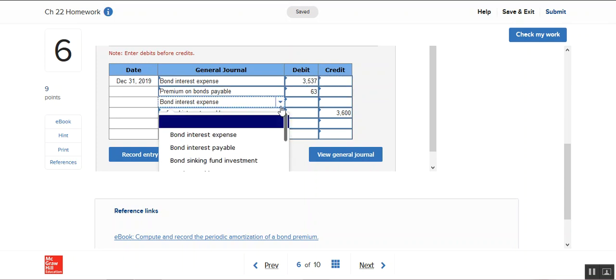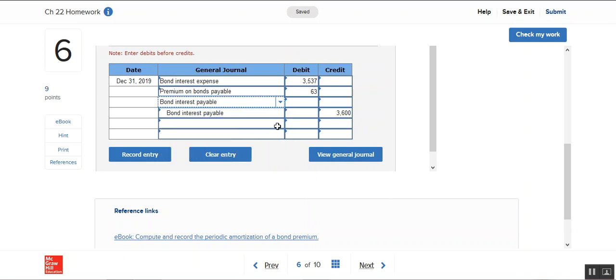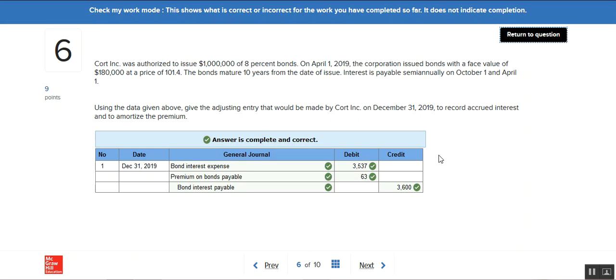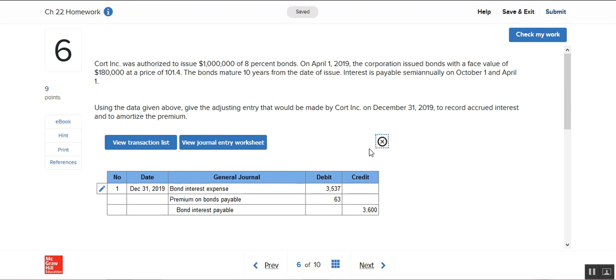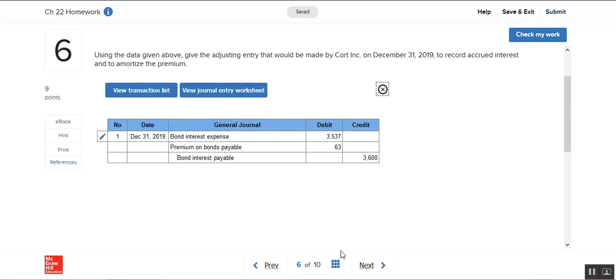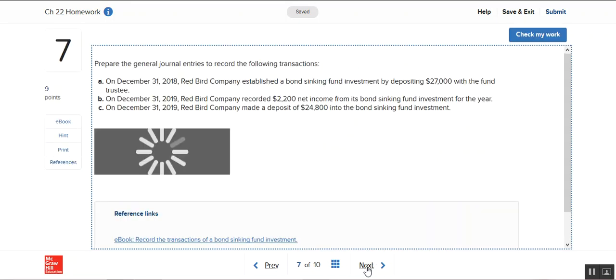So I'm going to move my bond interest payable up. I just consolidated those two lines and didn't change anything else, so let's see if it likes my calculations. And it does. Hallelujah. So number 6 is correct. Let's look over at number 9.